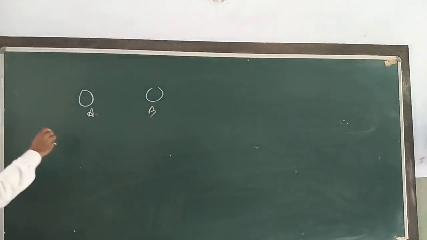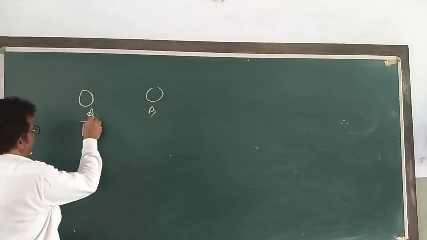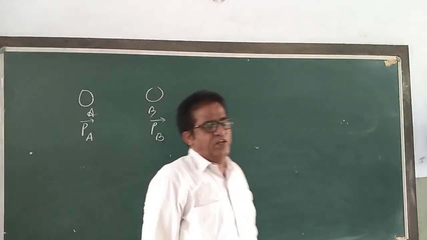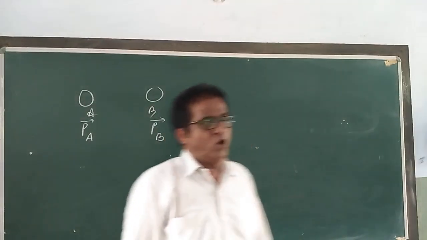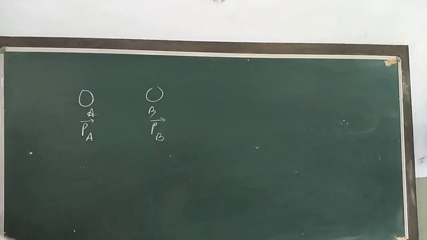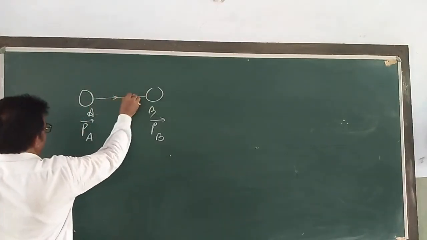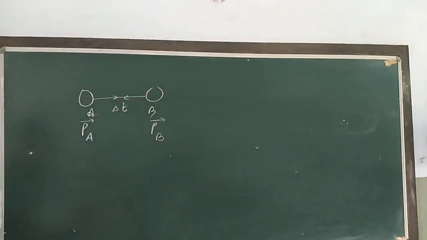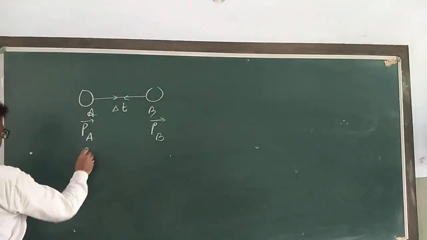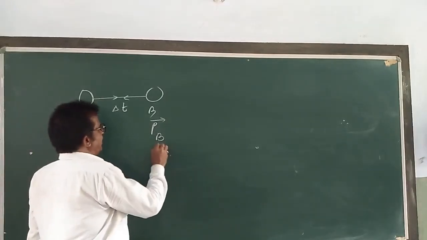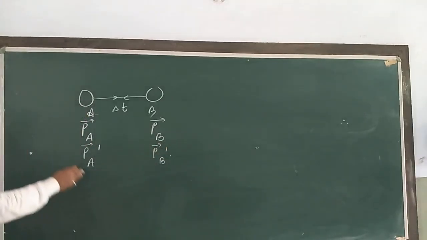The initial momentum of the two bodies is PA and PB respectively. Let them collide for a small time delta t and separate. The final momentum after collision is PA dash and PB dash.